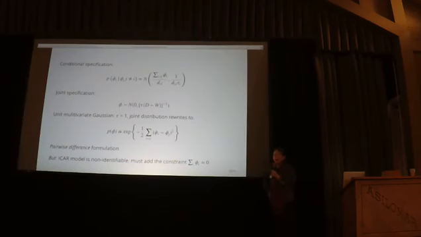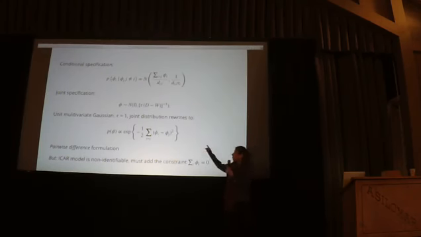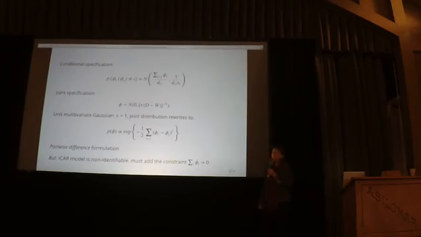And I don't have time to go into the math, but what Besag did when he figured out the intrinsic conditional auto-regressive model was he did a bunch of math and algebra, and he came up with this really cool pairwise difference formulation. So we can compute with that very nicely. Besag was interested in using Gibbs sampling to compute these ICAR models, and this is really convenient for us in Stan.